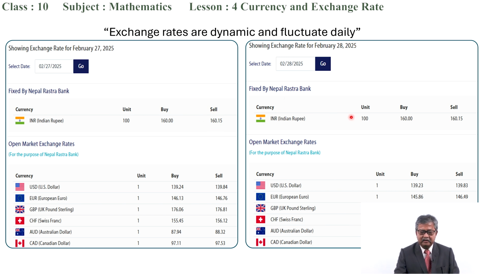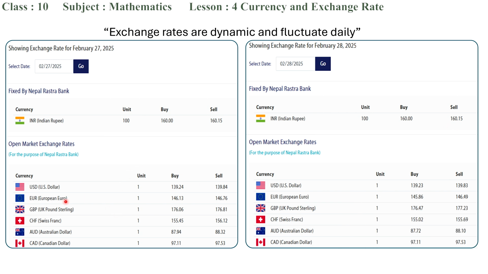The next day the buying rate of 100 rupees of Indian currency is 160 rupees and the selling rate is 160 rupees 15 paisa. But for other countries, look at US dollar: 1 dollar on February 27th, the buying rate is 139 rupees 24 paisa and selling is 139 rupees 54 paisa. Similarly, the next day, for one US dollar the buying rate is this and the selling rate is this.